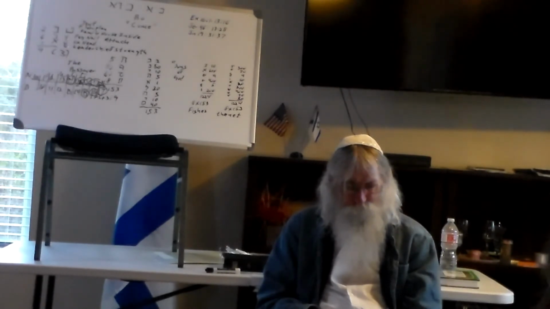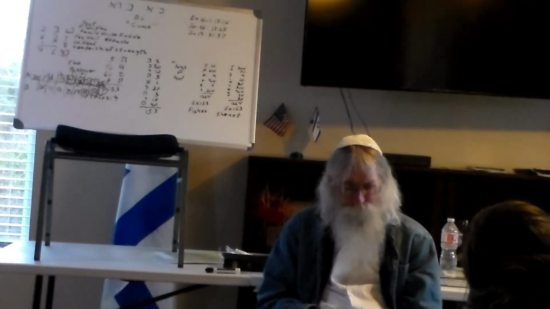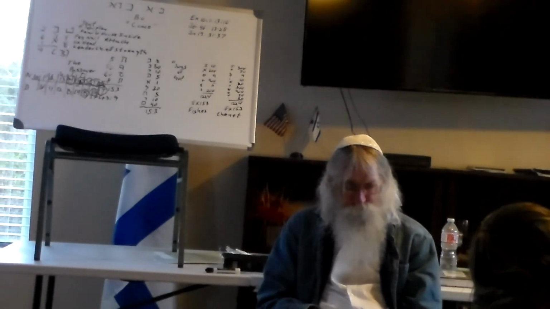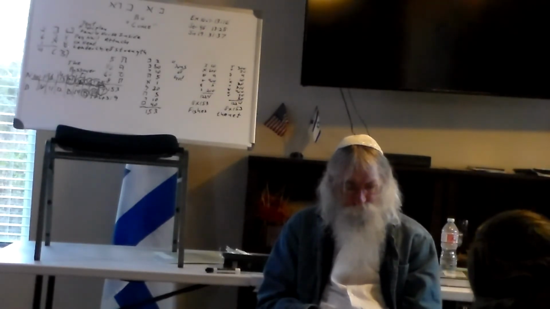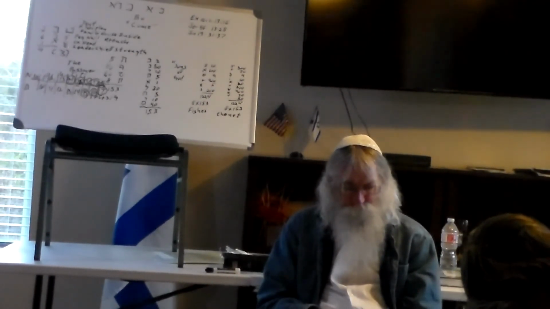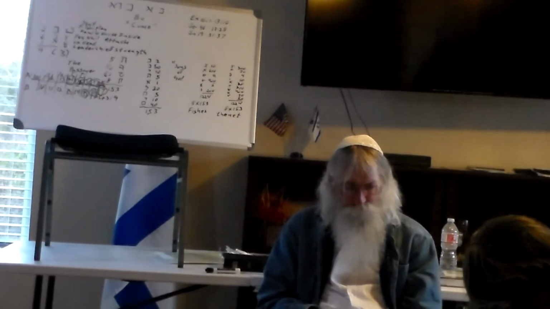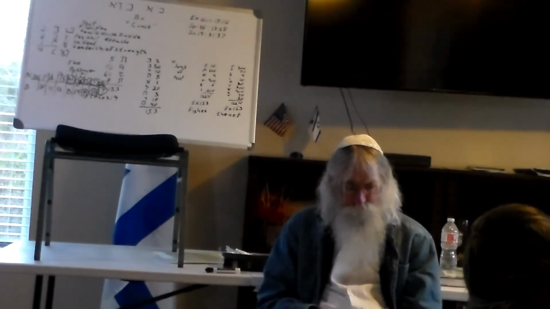That ye shall say, it is the sacrifice of the Lord's Passover, who passed over the houses of the children of Israel in Egypt, when he smote the Egyptians and delivered our houses. And the people bowed the head and worshiped. And the children of Israel went away and did as the Lord had commanded Moses and Aaron, so did they.